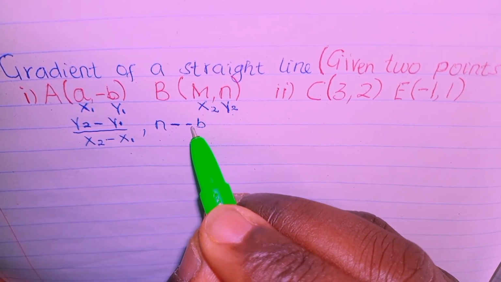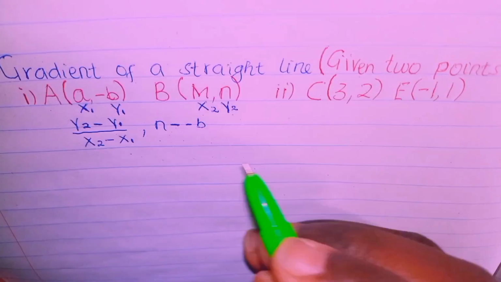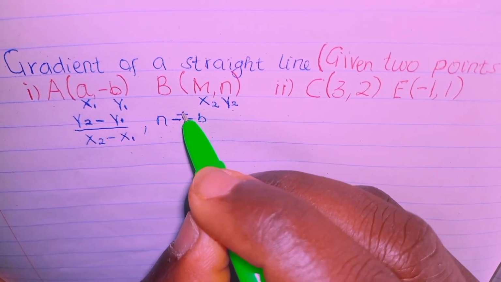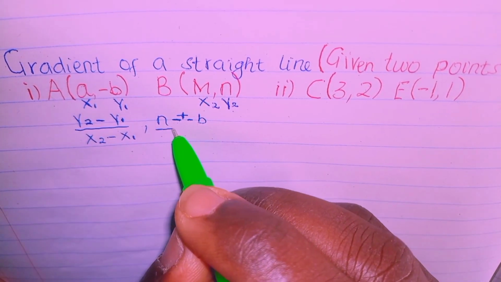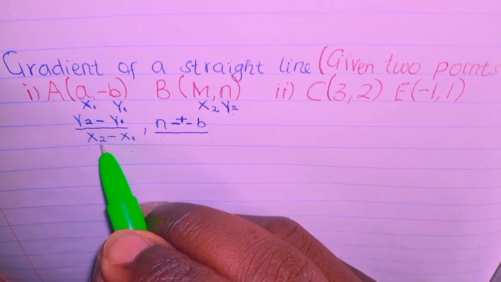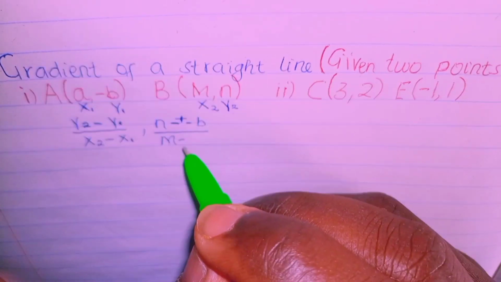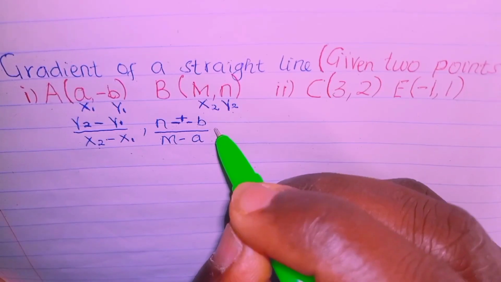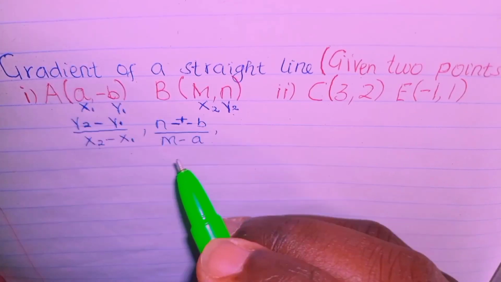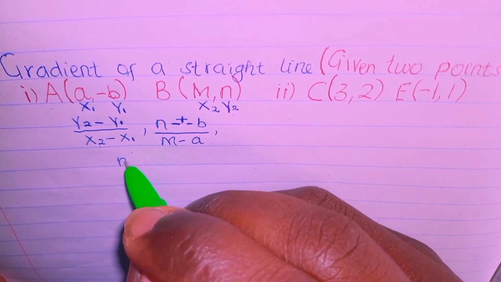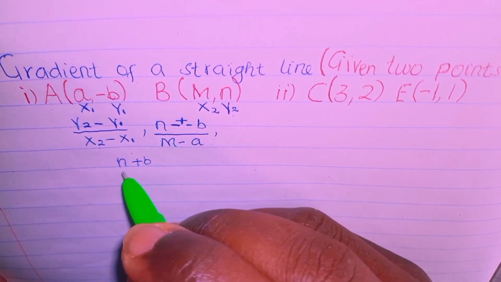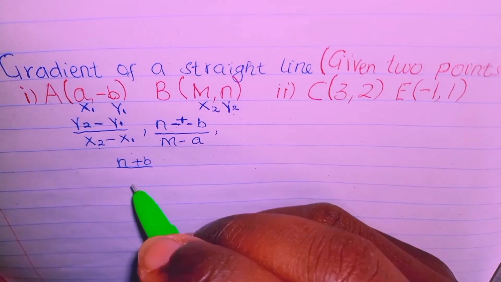So we have two negative signs following each other consecutively, so this becomes positive. Divided by our x2, which is m, minus our x1, which is a. Since we cannot simplify this further, it remains as n plus b divided by m minus a.